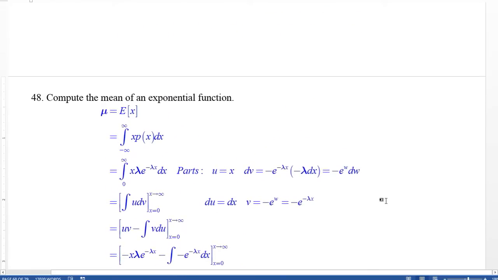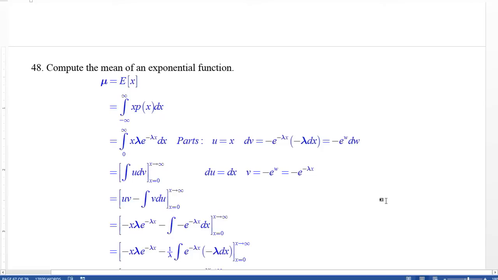Notice how this particular problem is fairly typical for these kinds of things that we're finding the mean of a distribution. First of all, it's very likely that we're talking about, at least to begin with, an integral from -infinity to infinity.